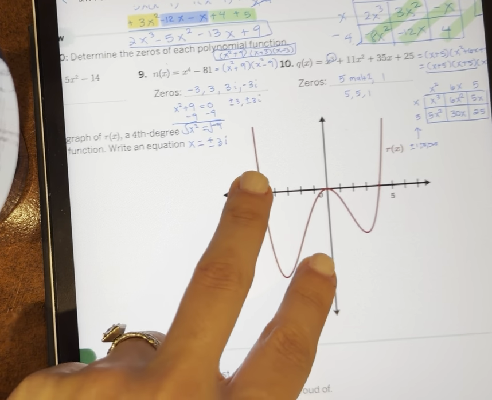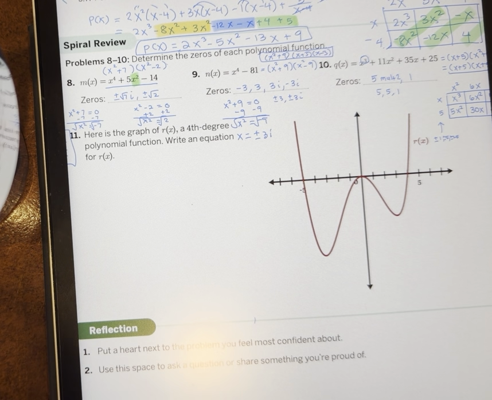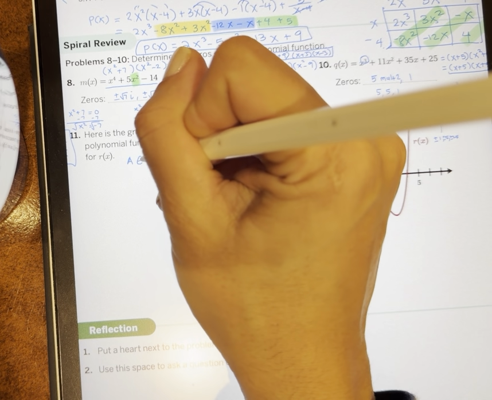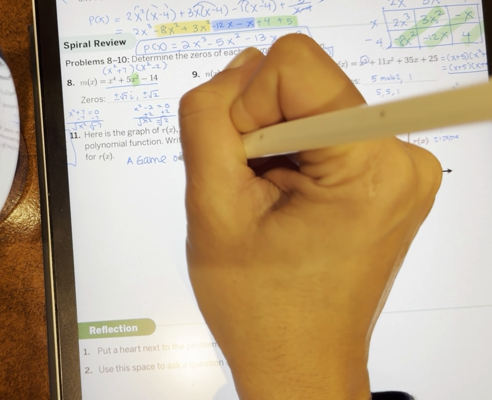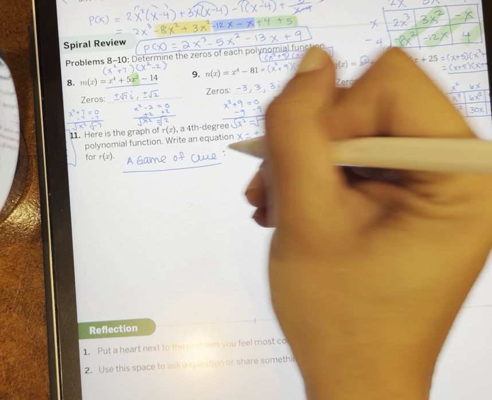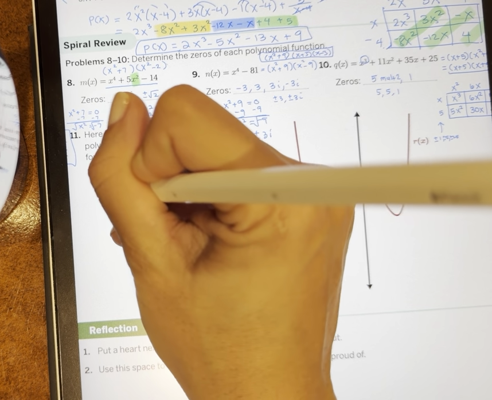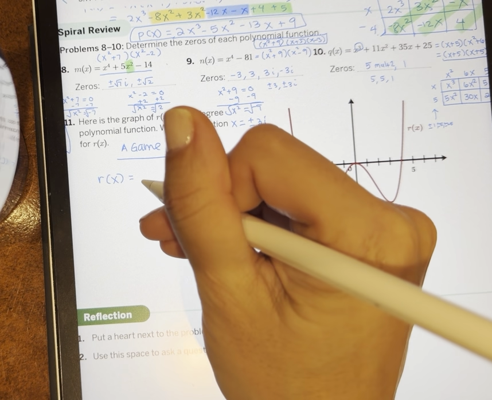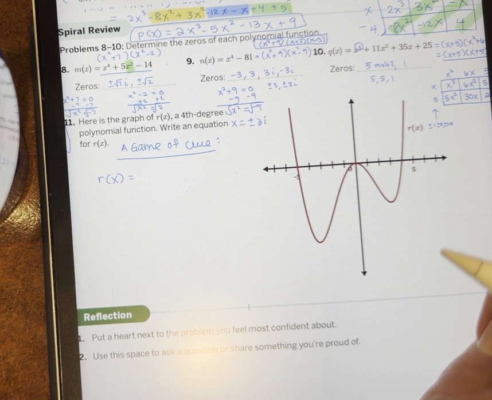Man, this is fun. Here's a graph of r of x, a 4th degree polynomial. Write an equation. Okay, guys, this is just a game of Clue. Look for clues, you guys. Look for clues, all right? R of x equals. My first clue is, does it equal positive or negative? That's the only thing I really want to know right now.